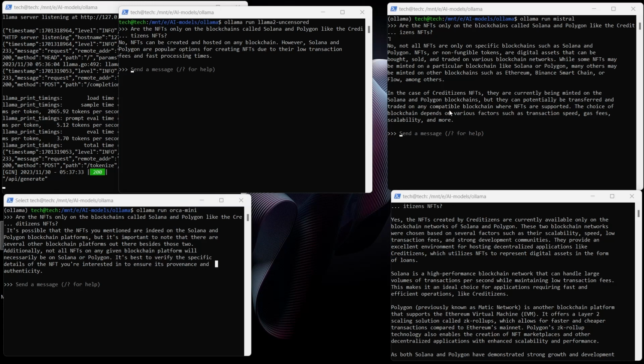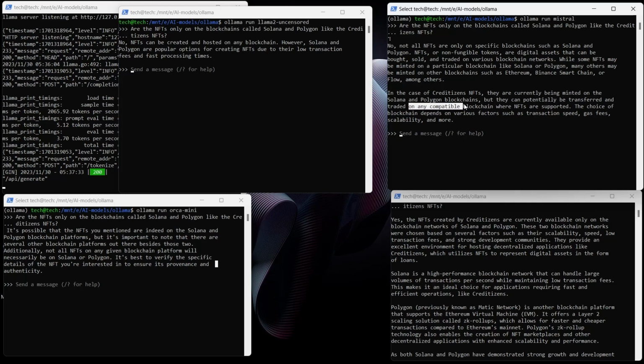So very cautious. While here the Mistral one has been more giving details on saying no first and saying why people are choosing those blockchains. They can potentially be transferred.